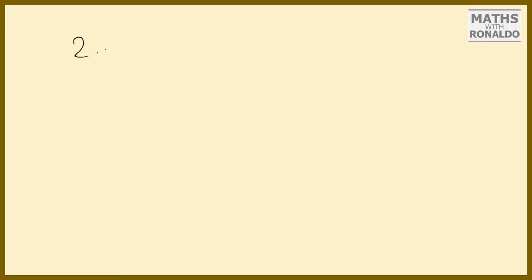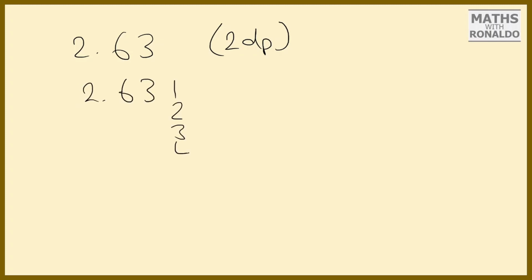However, errors are slightly different with truncation. Say we have the number 2.63 and we were told that it was truncated, not rounded, to 2 decimal places. Well, we know that it has to be 2.631, 2, 3, 4, all the way to 9, and 0 in fact as well. And we know it can't be 2.625, for example, because we're not rounding, we're just truncating. So the error is between 0 and 9 after the 2.63.